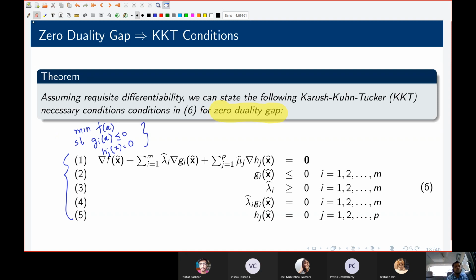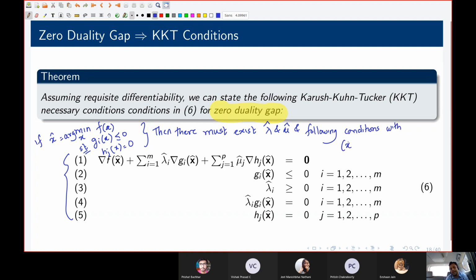And if x hat is the argmin over such x, then there must exist lambda hat and mu hat satisfying the following conditions, with the triplet x hat, lambda hat, mu hat. That's a necessary condition.